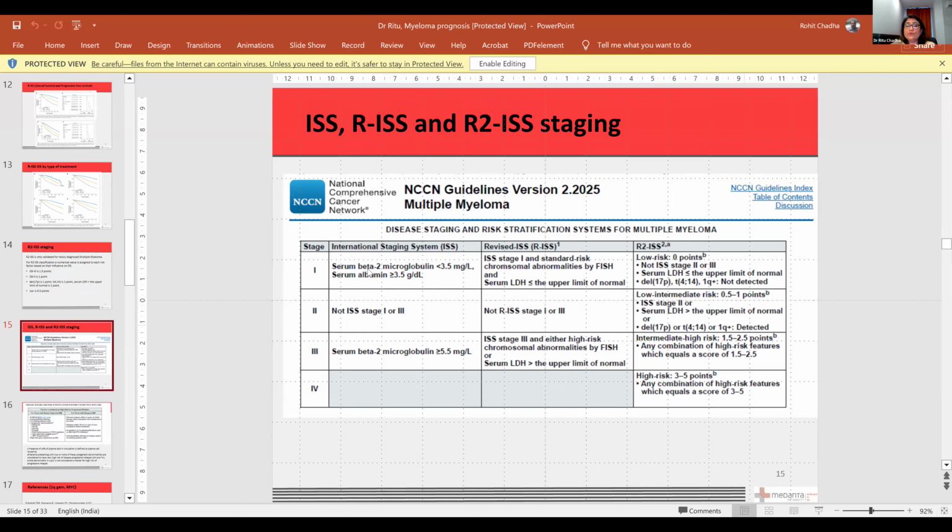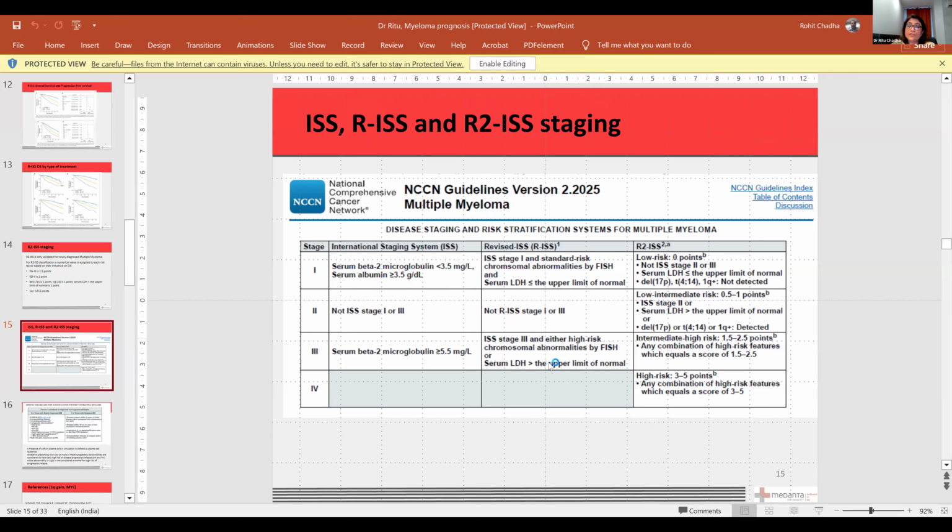I'll just quickly go through the RISS. The revised version has stage 1 the same, based on the beta-2 microglobulin and albumin cutoffs, and stage 2 is in between 1 and 3. The high-risk cytogenetic abnormalities are included in the ISS 3 stage along with either this or LDH of more than the upper limit of normal.